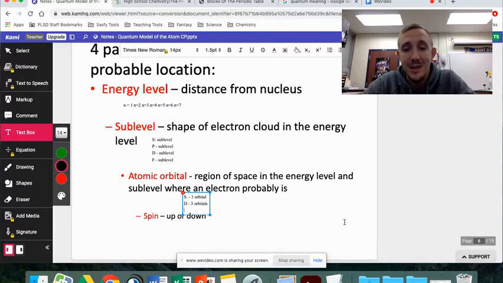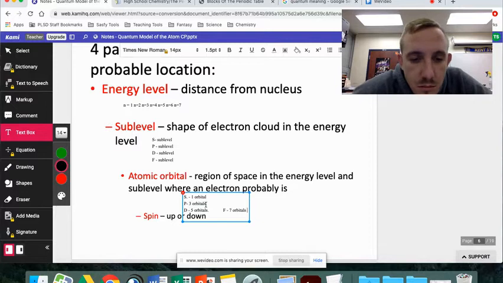I skipped P. P has 3. D has 5 orbitals. And then I don't have space, so I'm going to write it over here. F has 7 orbitals.